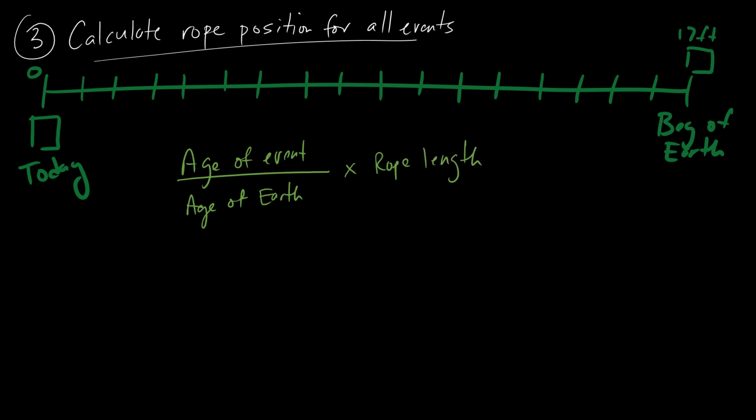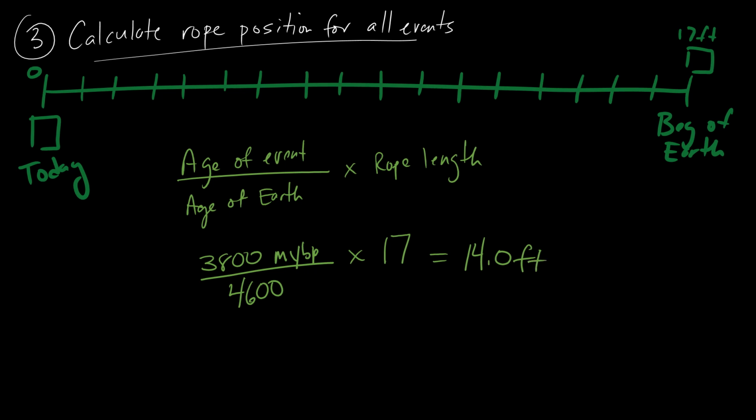So for my example of the banded iron formation, the age of my event is 3,800 million years before present, million years ago. I divide by the age of the Earth, that's 4,600, using round numbers here, and I multiply by the rope length, which was 17 feet. And it turns out, rounded to one decimal place, that's 14.0 feet.